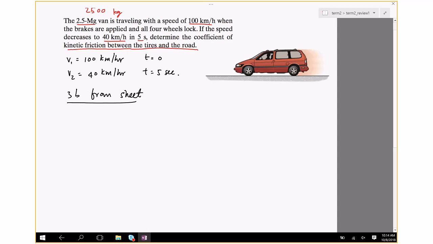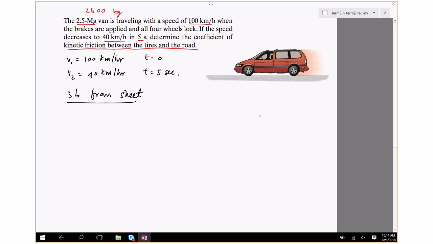When you have a problem and you can draw a free body diagram, sometimes we ask you to draw a free body diagram and that's part of your credit. But if you're not asked to draw one, and you can, like for kinematics, you shouldn't draw one because there's no F equals ma involved. In this case, if you draw a free body diagram, you'll actually get more points, even if you have not been asked.